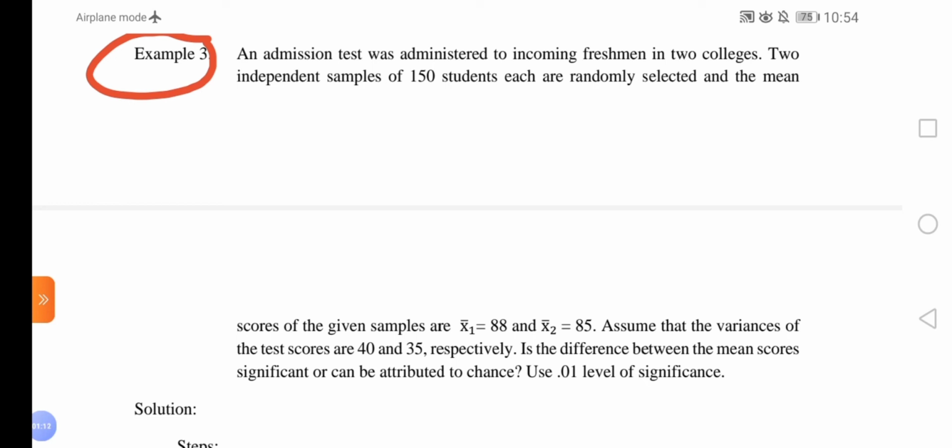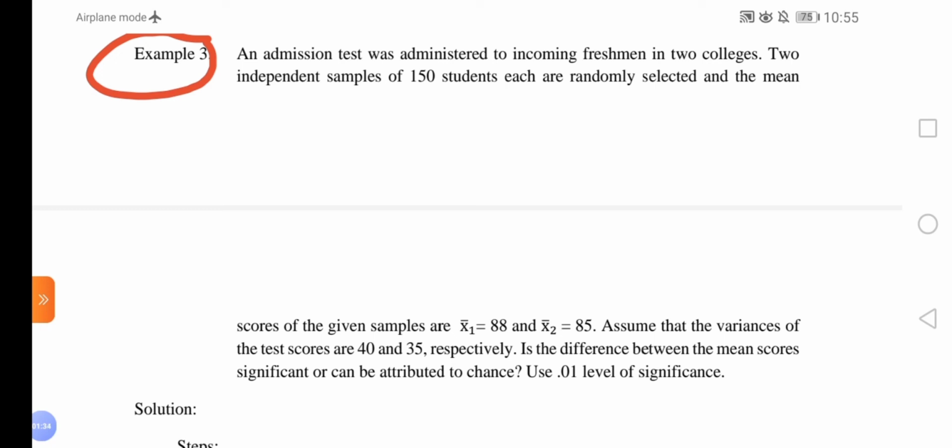By looking at our alternative hypothesis, we can say that this example is a two-tailed test since we have a not equal sign. So to test our hypothesis, we have to follow the 6 steps.